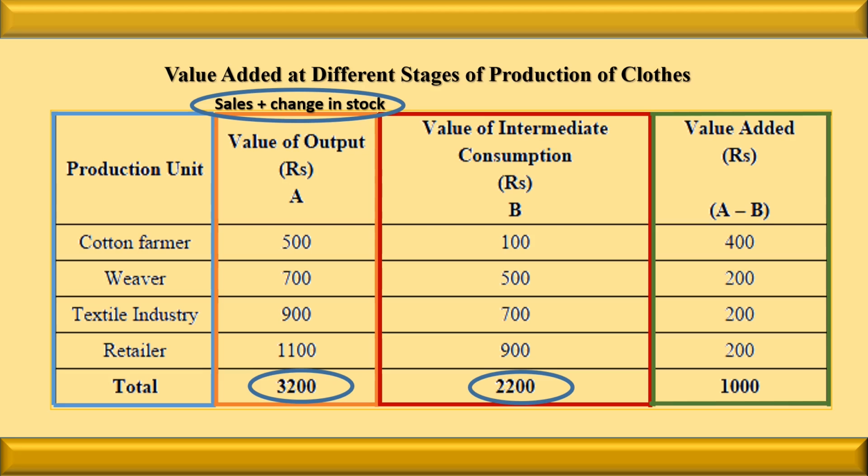Remember one thing, in 3200, the value of 2200 is already being added. When we remove the value of the intermediate consumption from the value of the output, we get the true value of the goods, that is 1000 only. How?